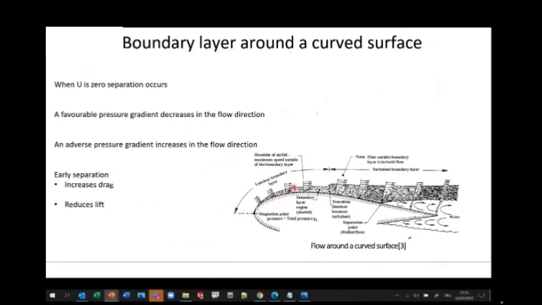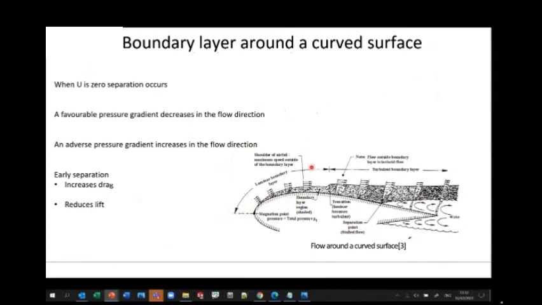So our shearing action within the boundary layer is trying to slow our fluid down, and however the favourable pressure gradient is trying to increase the velocity of our fluid. So our fluid actually remains attached as we go along in this direction. However, once we pass this point, once we pass the shoulder of our airfoil, we have an issue.